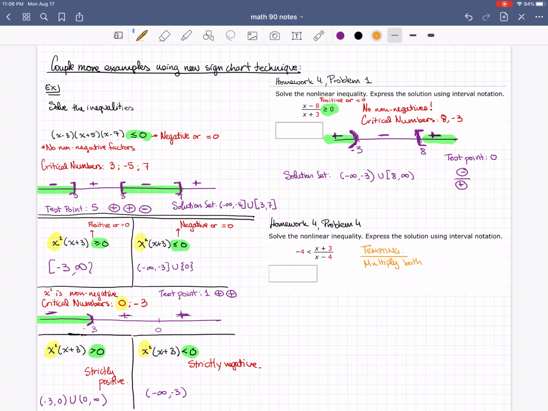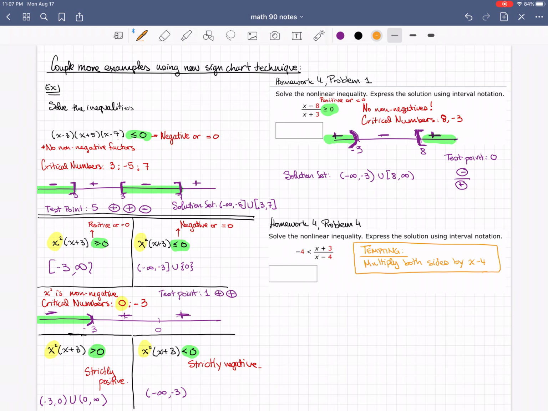This is tempting for a whole variety of reasons. It's kind of what feels familiar. It's what we do with equations. But here's the rub. Remember, inequalities and equations overlap in so many places. But inequalities have an issue with multiplication by negatives. We talked a little bit about why that issue arises.